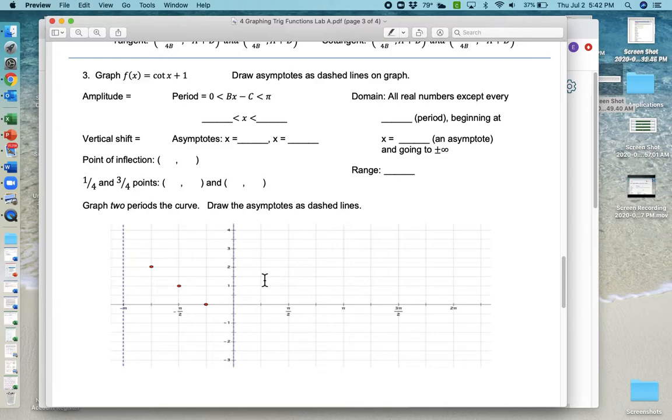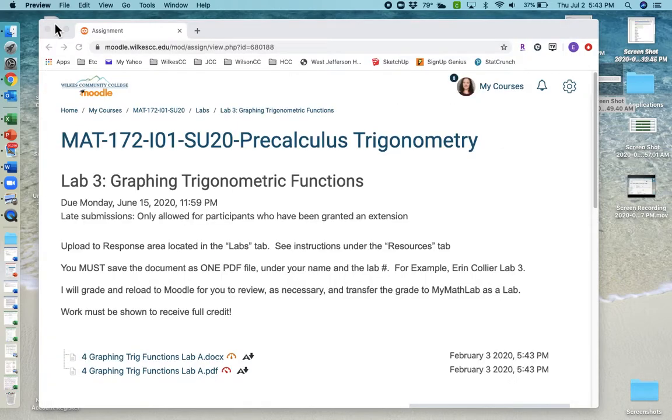And I will go through and grade these with my iPad, write on them, make comments, make corrections, and send them back so that they know what they did wrong and they can use that moving forward to study for tests and everything.